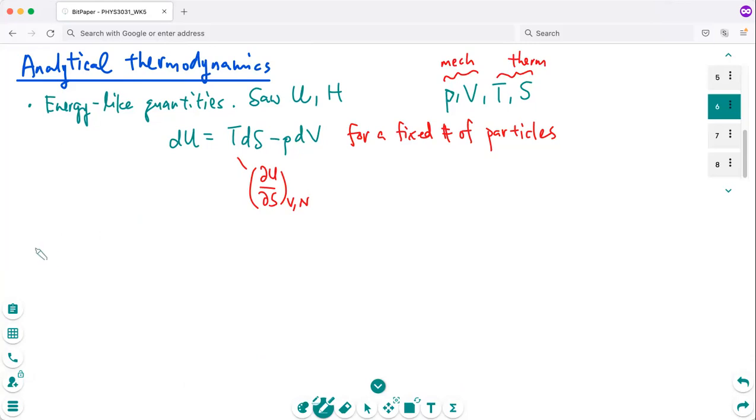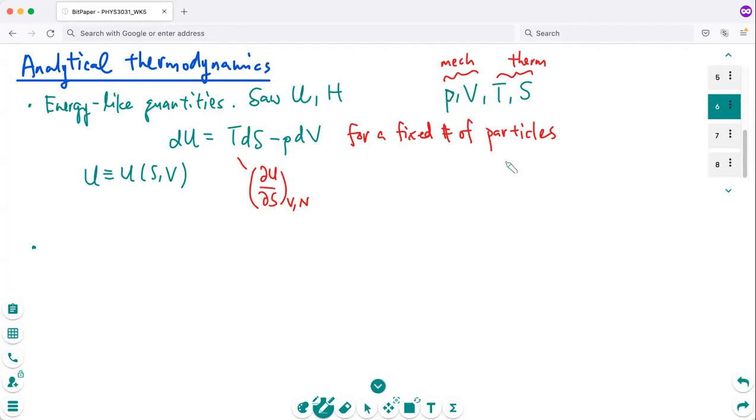For U, the change of U is driven by the change of entropy and the change of volume. This is how we wrote it before. These are the natural variables.